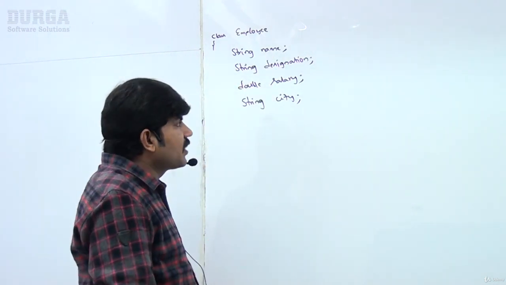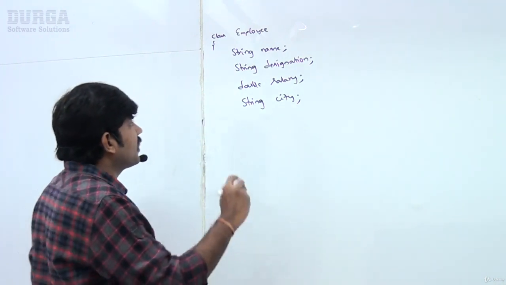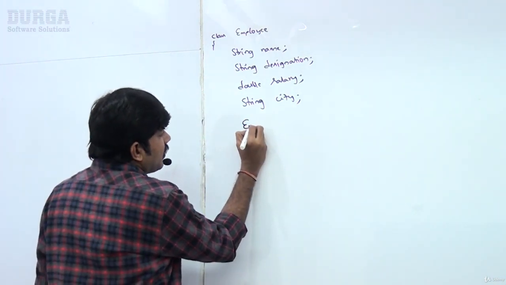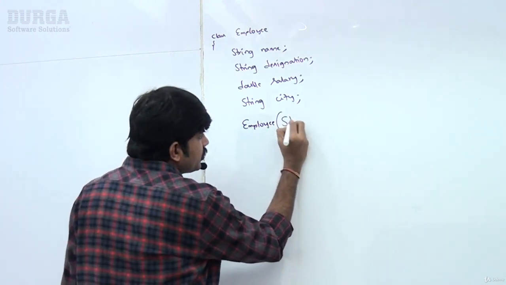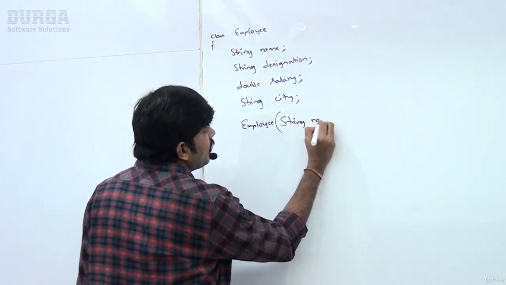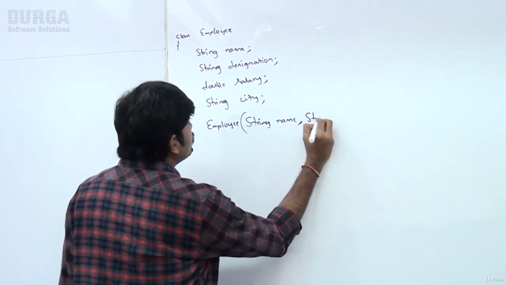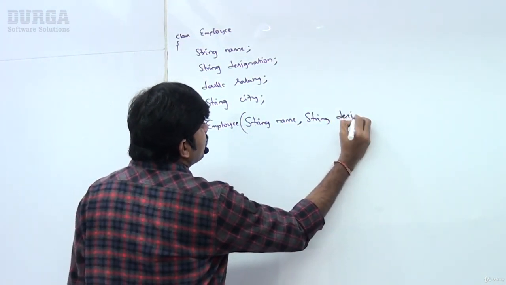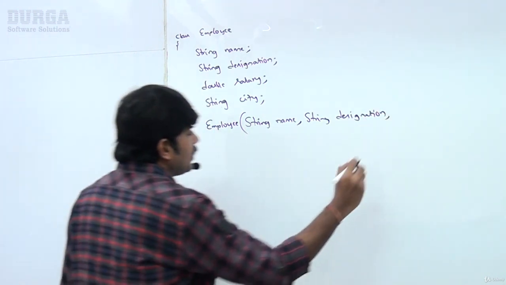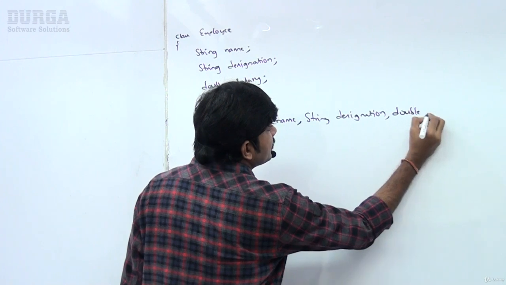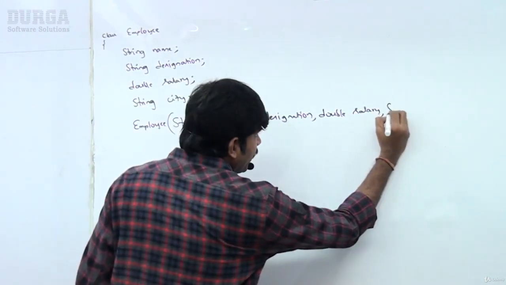But whenever we create an Employee object, to perform initialization a constructor is required. Now I'm taking the Employee constructor: String name, String designation, double salary, and String city.